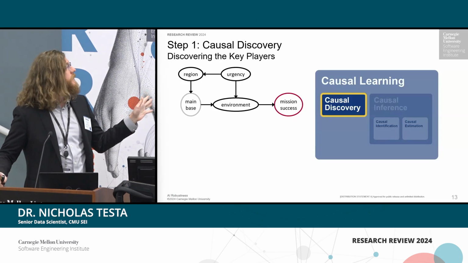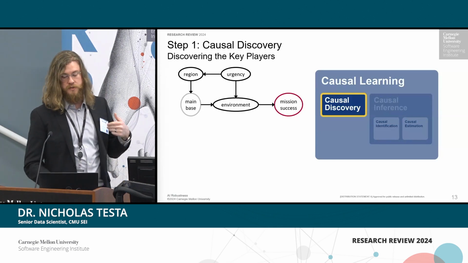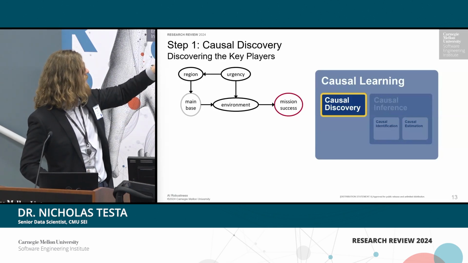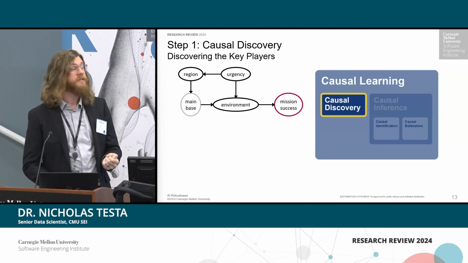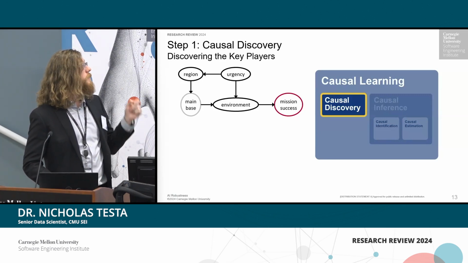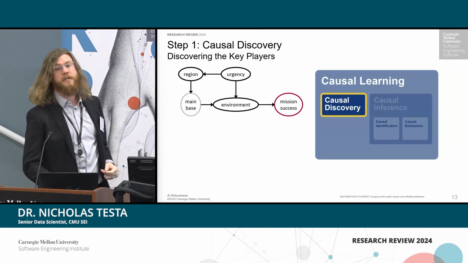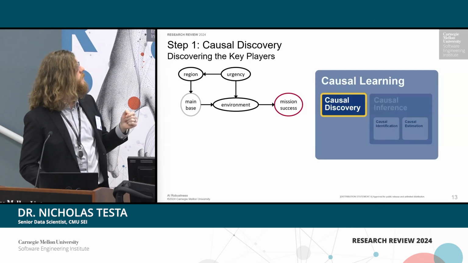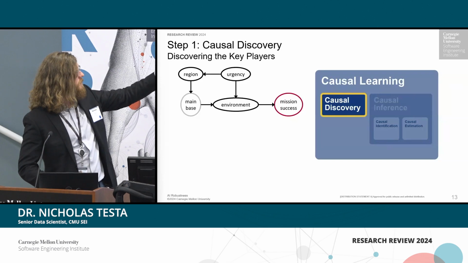So unfortunately, we can't take this graph straight into the causal inference step just yet. Anytime we see variables with common causes, like urgency has on region and environment, we know that that can introduce bias. And we want to account for that, because just downstream of region and environment are main base and mission success. So we can already see a path from main base to urgency to mission success.